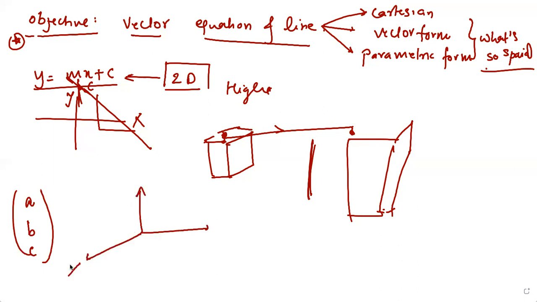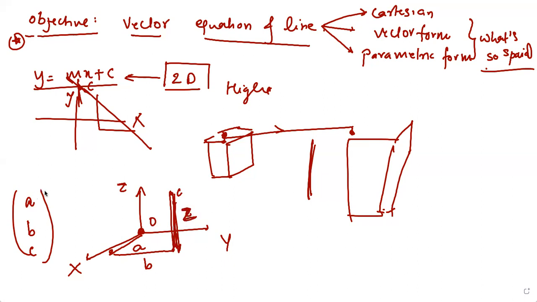If I show this vector from the origin, I'm moving a units to the right, then b units along y, and c units along the z axis. So the z coordinate is actually the height factor.